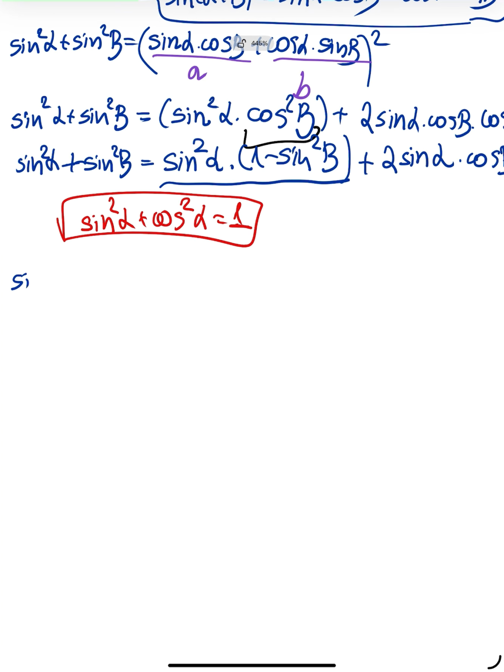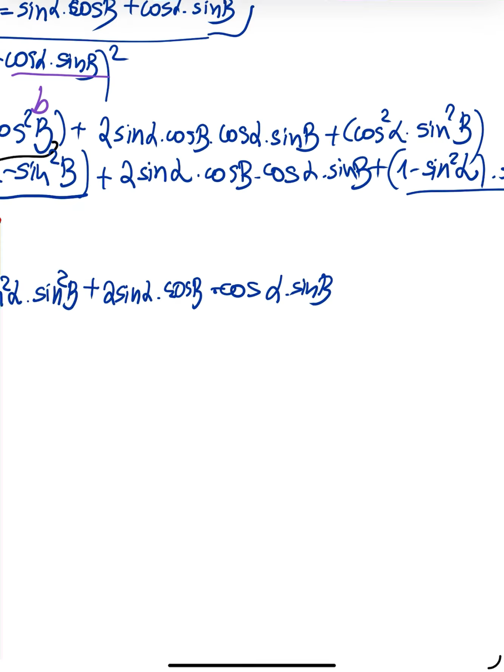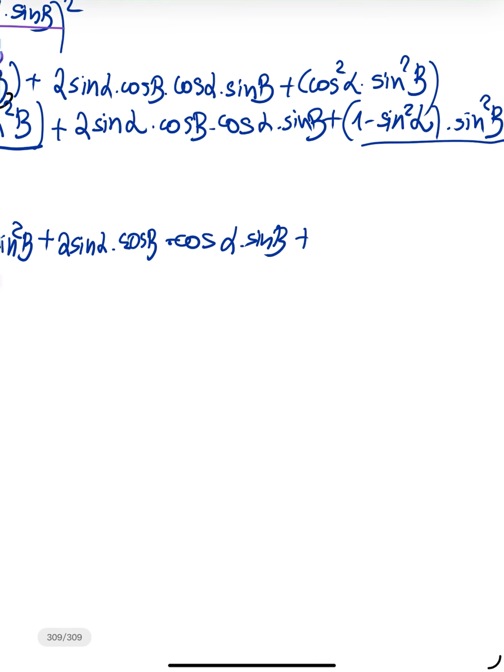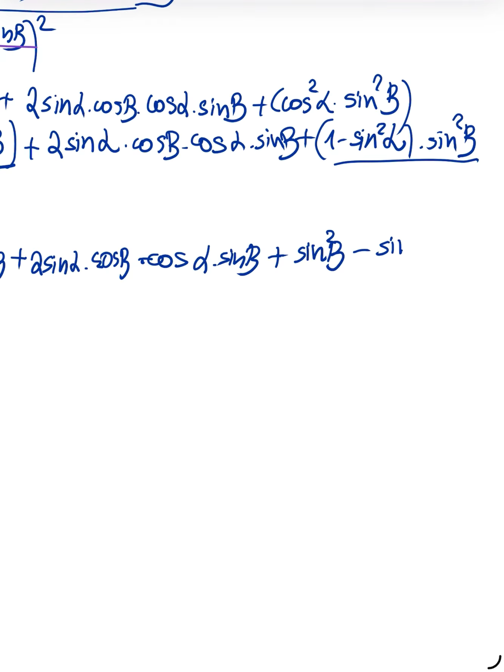Sinus square alpha plus sinus square beta is equal to sinus square alpha minus sinus square alpha times sinus square beta plus 2 times sinus alpha times cosine beta times cosine alpha times sinus beta plus sinus square beta minus sinus square alpha times sinus square beta.